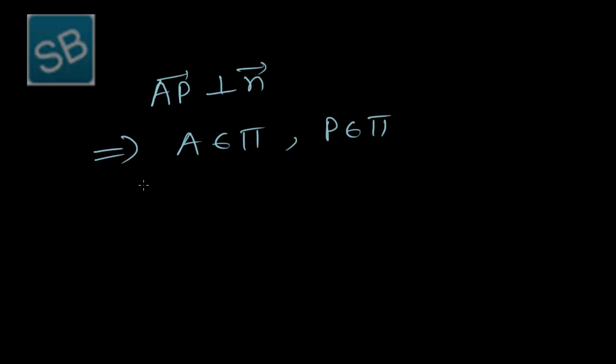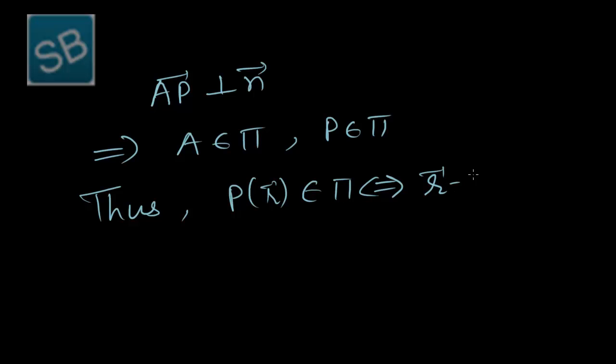And as AP perpendicular to n implies P belongs to pi. Thus, it is proved P of r belongs to pi if and only if r minus a dot n is equal to 0.